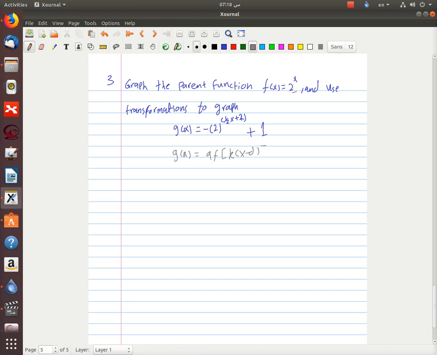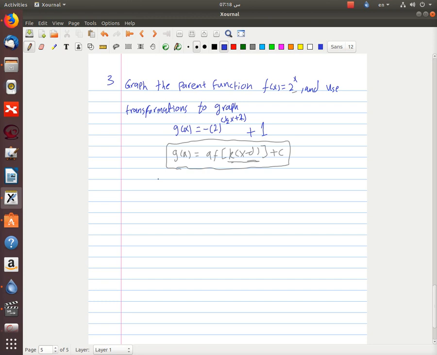Now if you want my advice, every time you find a transformation, write the equation, write this one. Every time you have an exponent or anything about a transformation, write this one, because writing it will save you from the common mistake everyone makes, which is this part here. This part here is very tricky.